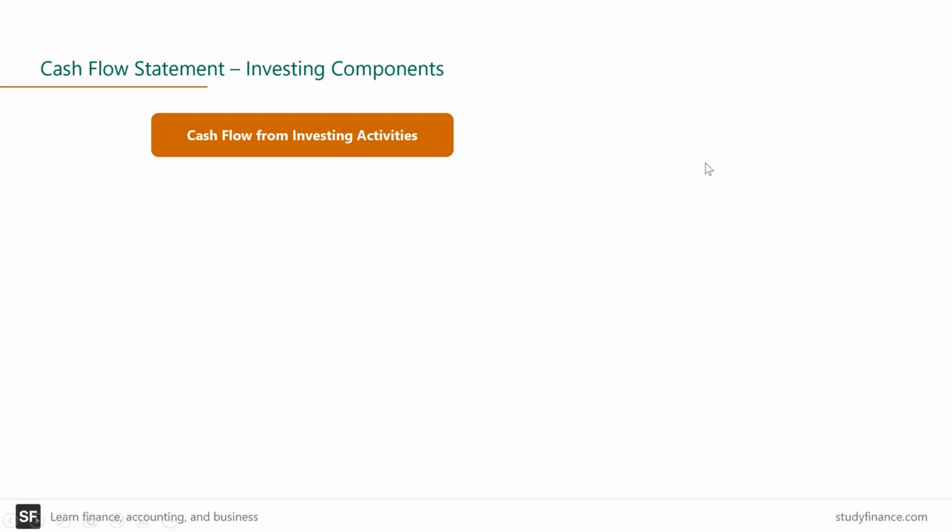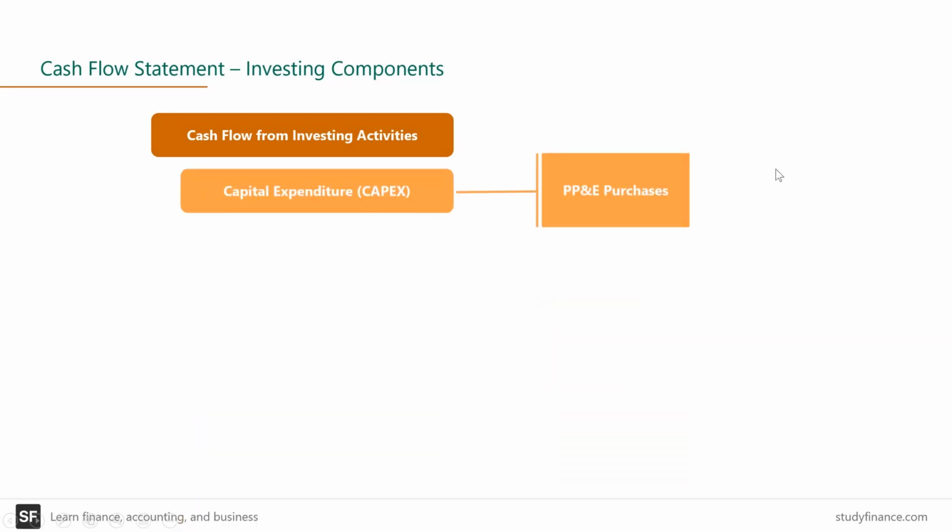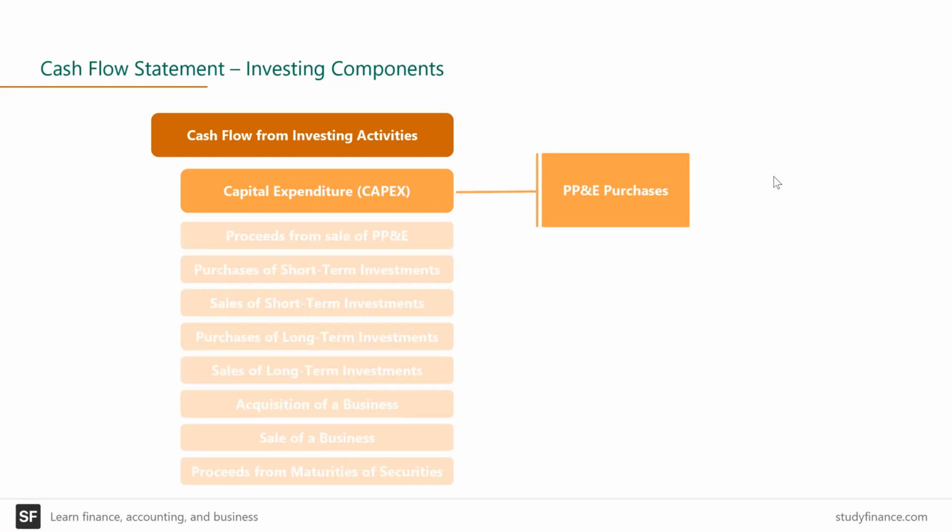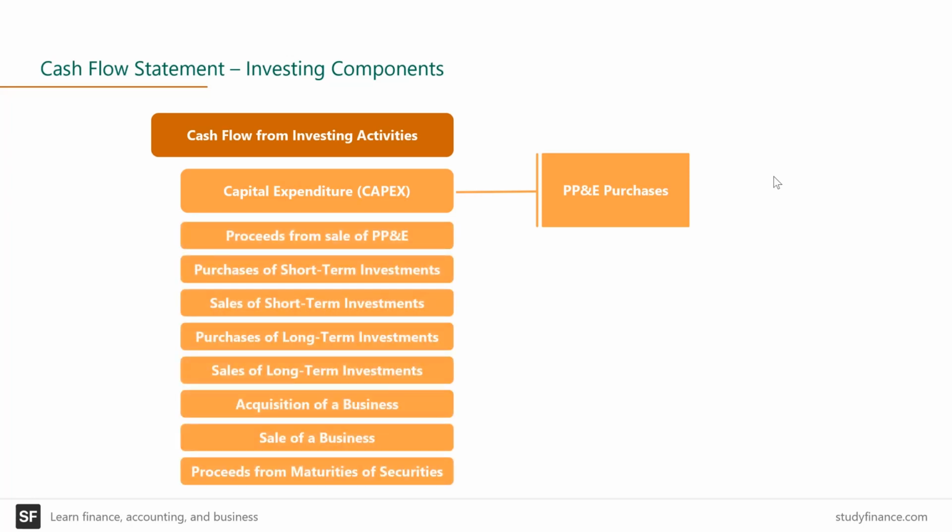Under cash flow from investing activities, we have capital expenditures, or CapEx, and this encapsulates any purchase of property, plant, and equipment, or PP&E. Next up are any sales of PP&E, and similarly, there are line items for the purchase of short-term investments and long-term investments, along with any sales of short-term investments and long-term investments.